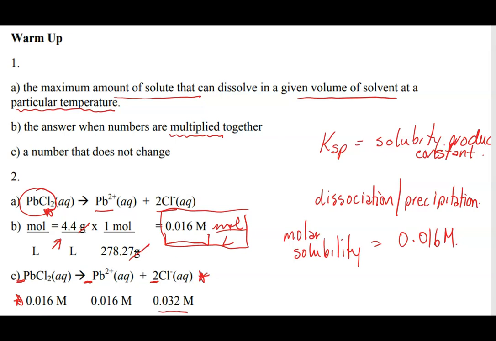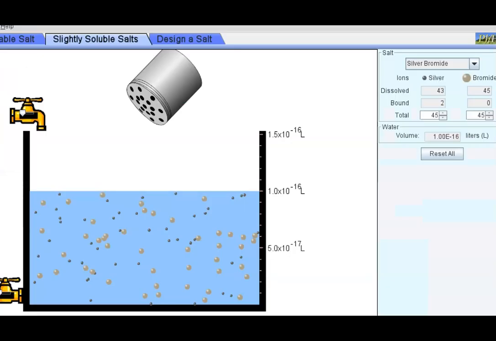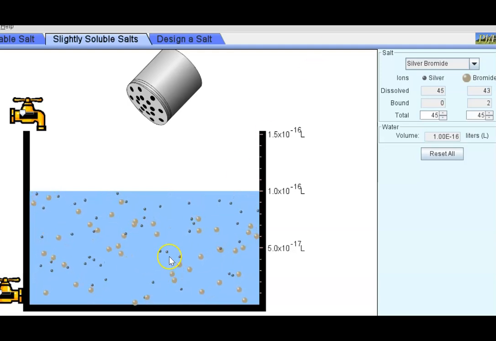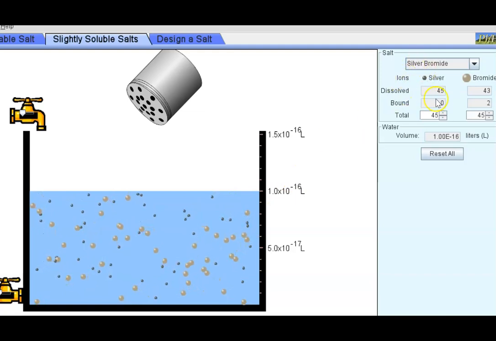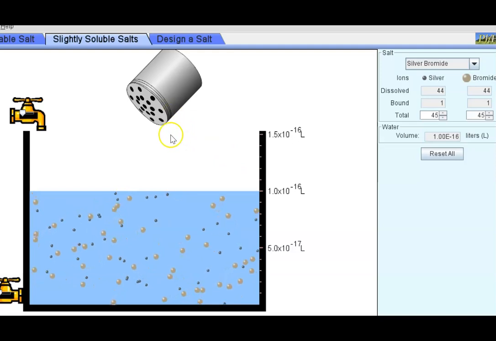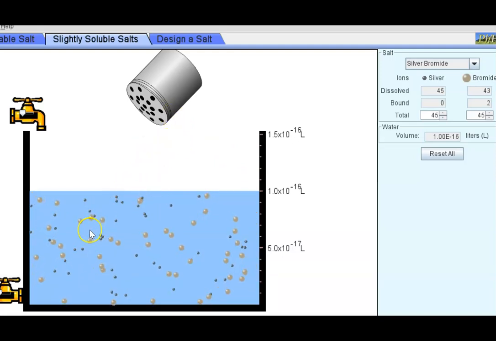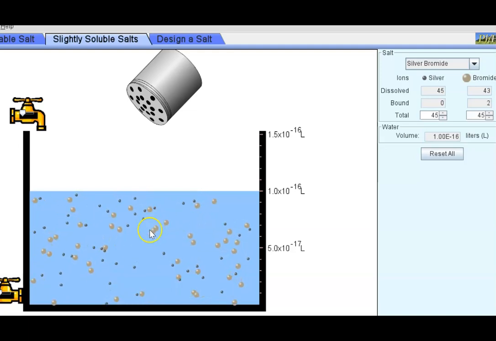So I just wanted to show you the visual of thinking about these solutions from the lab and re-emphasizing this idea of solubility. So if we play this and look at our silver bromide, in the top right over here, what I've tried to do is just add enough of the silver bromide where we have no precipitate forming.